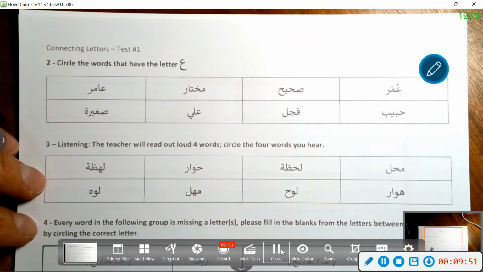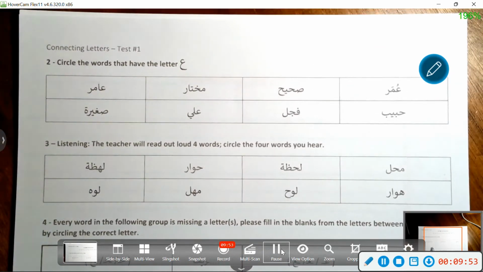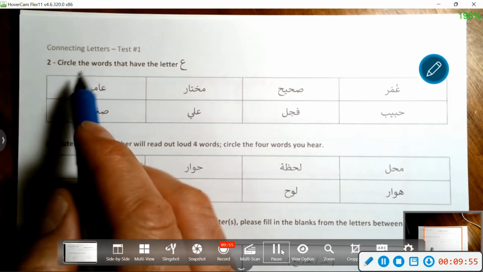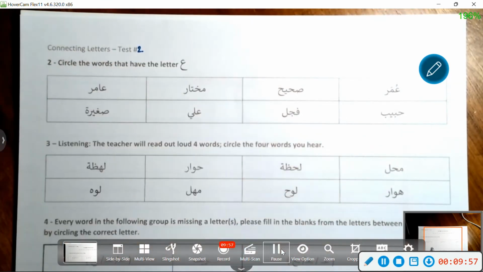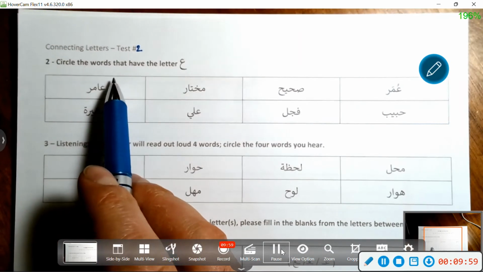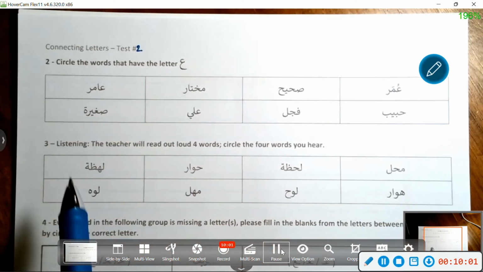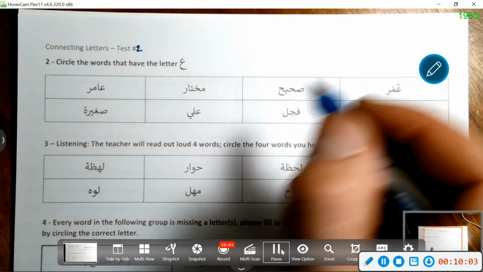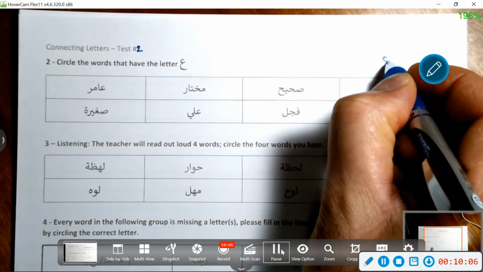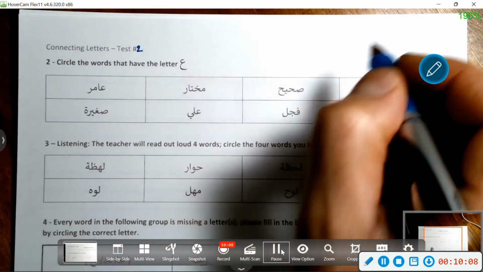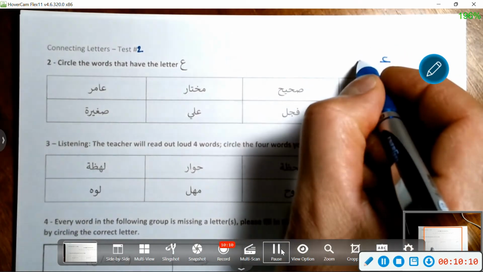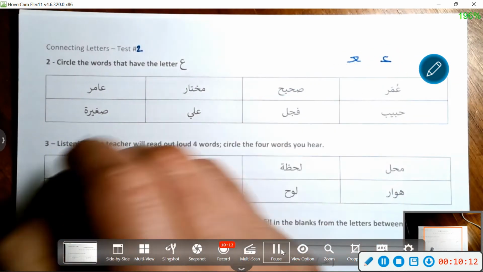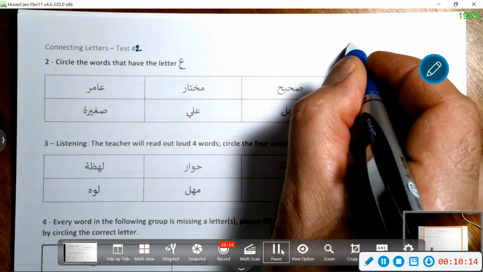Let's move to the next question. Question number 2. Circle the words that have the letter عين. So now we know عين comes in 3 different shapes. At the beginning, it's only the head. At the middle, we close it like that, or like that, مثلث, if that's easier.